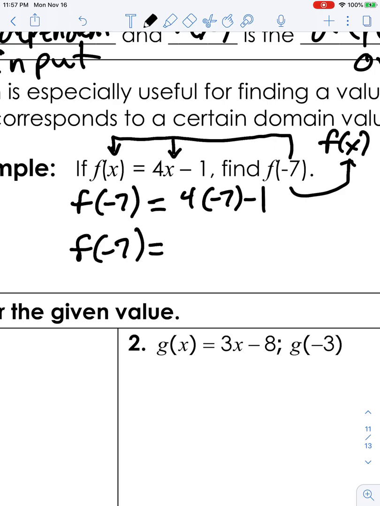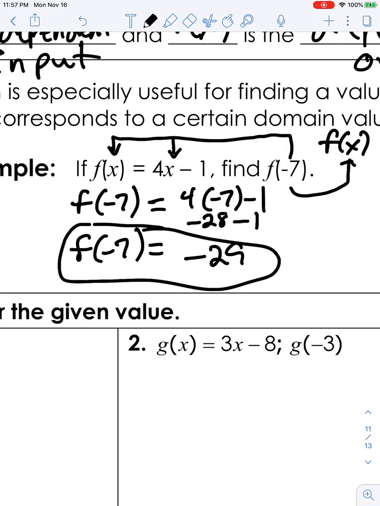So obviously, here we're going to get negative 28 minus 1. Our answer is negative 29. So my y is going to equal negative 29 when I plug negative 7 in for x.